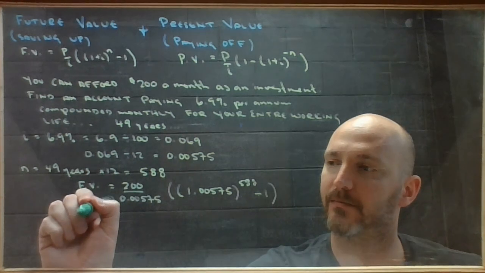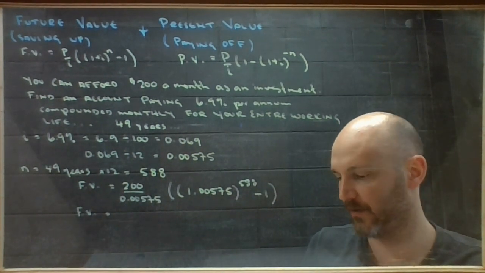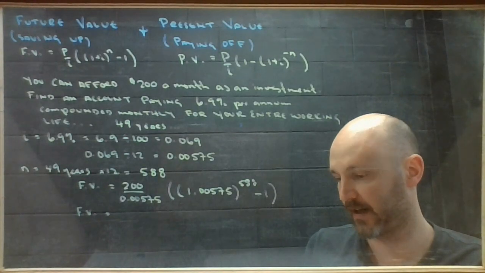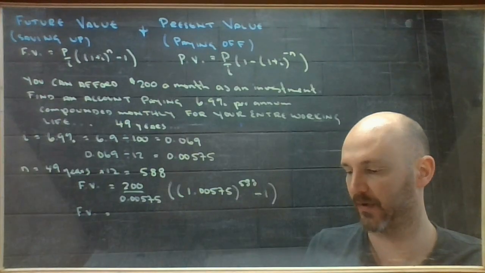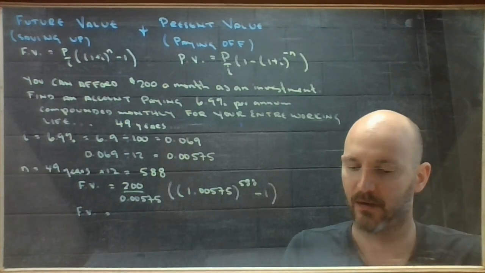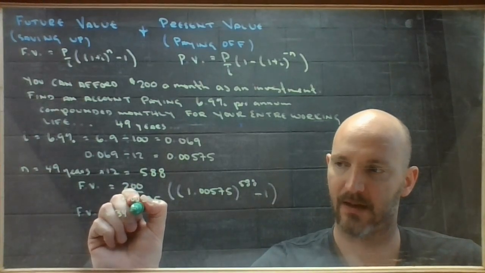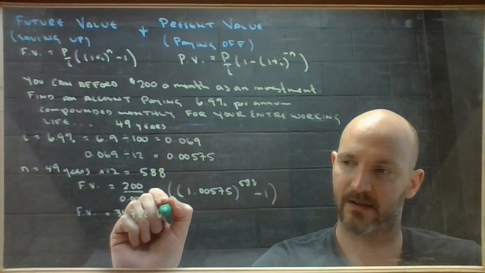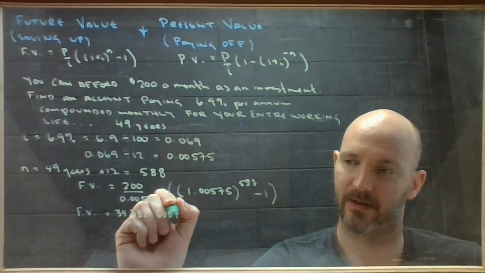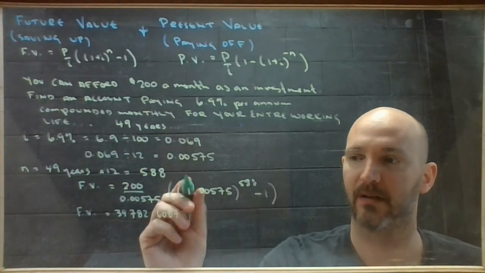All right. So first thing I'm going to do is 200 divided by 0.00575, and I end up with 34,782.6087. Now I'm sure there's some rounding error in there, and we're just going to leave it for now.